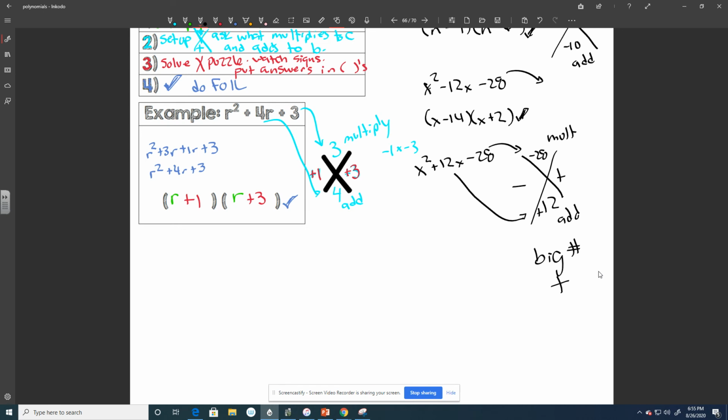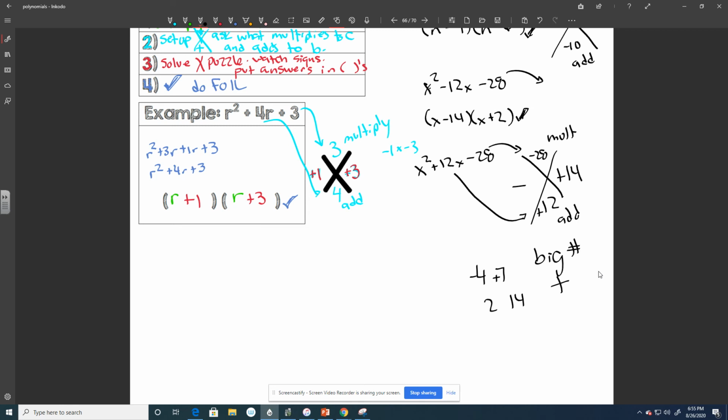So if I start looking at factors of 28, how about 4 and 7? That means the 7 would be positive and the 4 would be negative, but those don't add up to a positive 12. But last time I tried 2 and 14, right?